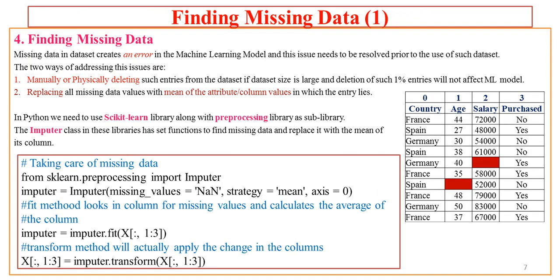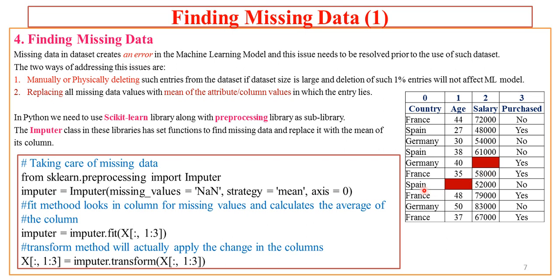Now let us try to address the problem of missing data in our data set. For example, our data set may have certain entries where data is not available, or values for the attributes are not available. For example, in our data.csv file, there are two rows in which data is not available. That entry is Germany, age 40, salary is blank, and purchased is yes.